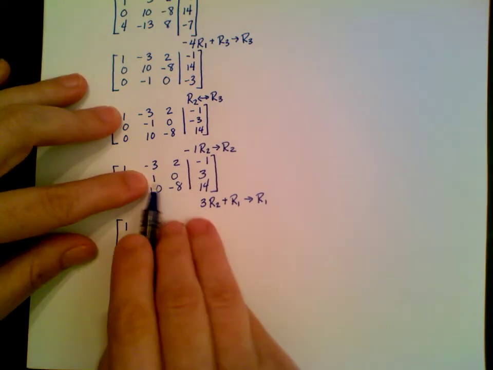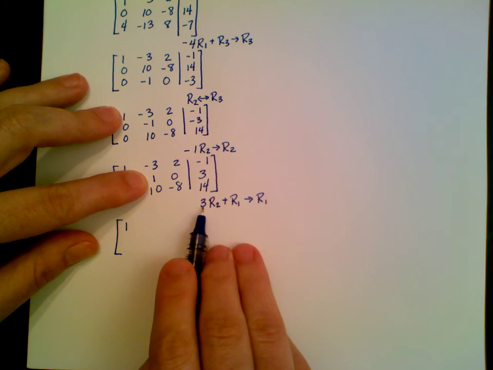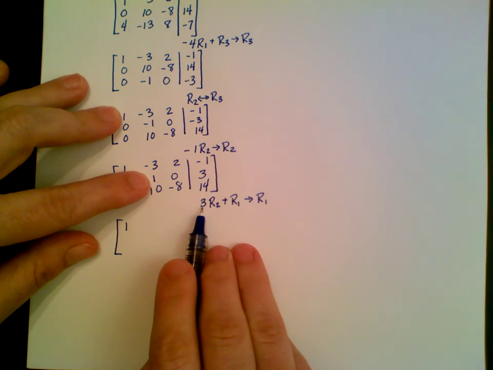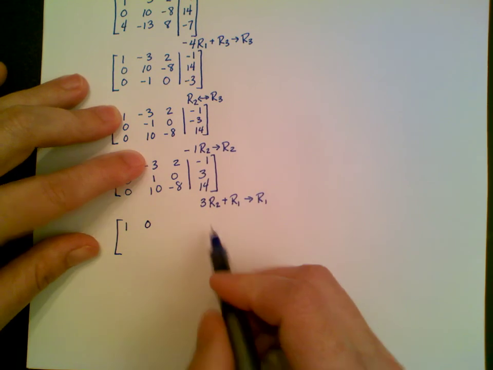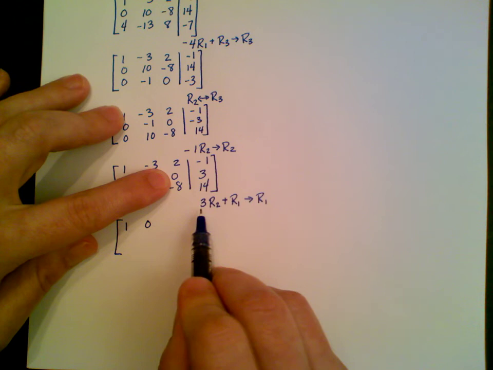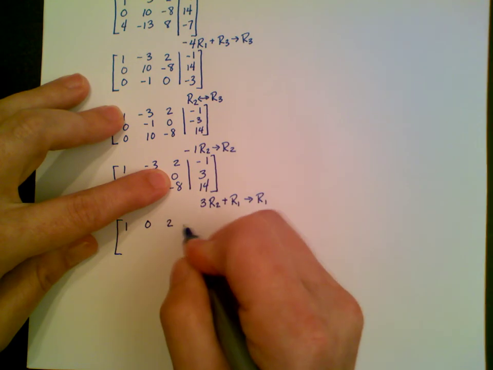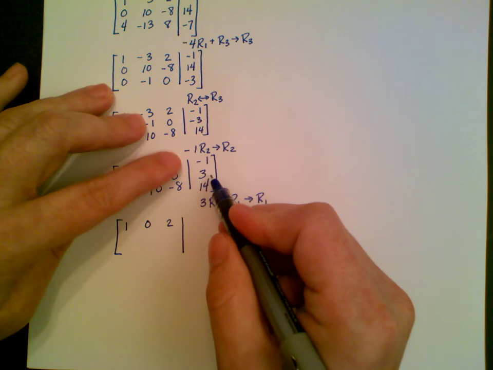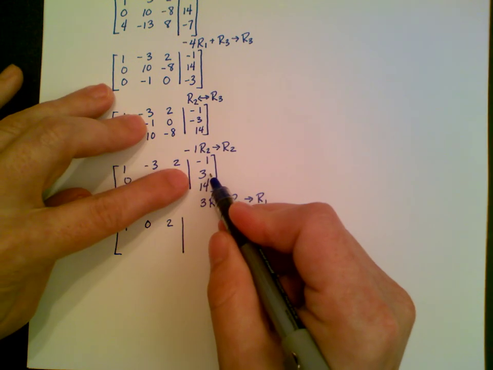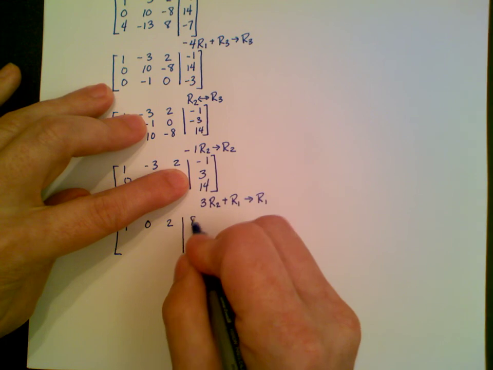All right, so on to this column. 3 times 1 is 3, plus negative 3 is 0. That's why we chose this step. 3 times 0 is 0, plus 2 is 2. And 3 times 3 is 9, plus negative 1 is 8.